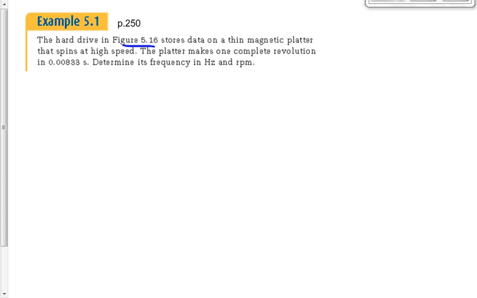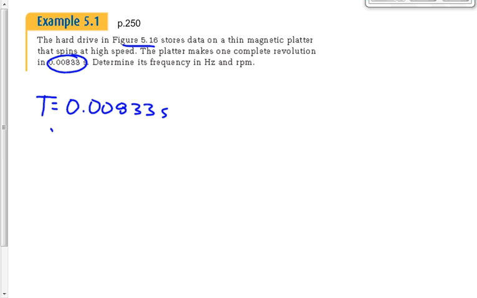What's a hertz the same as? Not a revolution per minute, but rather a revolution per second. So let's get it in hertz. This is what? It's a time, yes, but specifically it's the period, the time for one complete revolution.